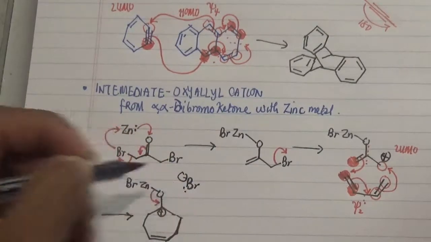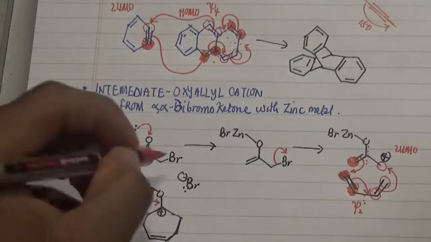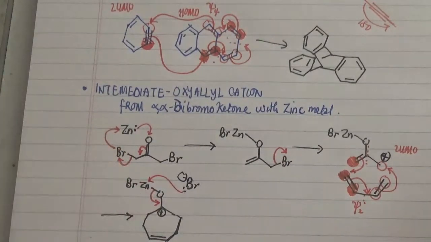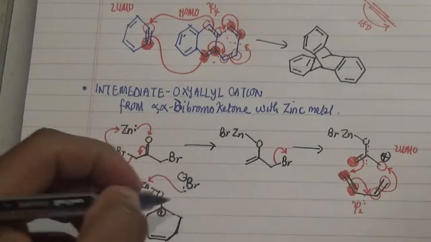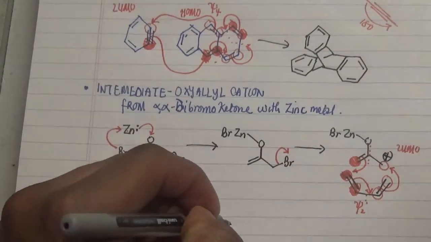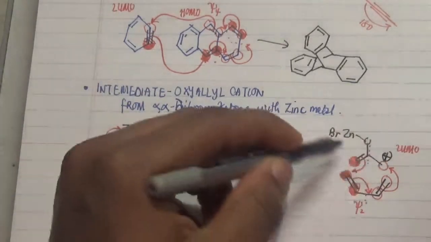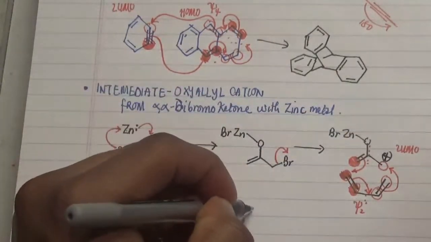This negative charge then interacts with zinc, and then this bond cleaves over there, and what we have is the formation of our product, which is trapping this particular intermediate in this region.